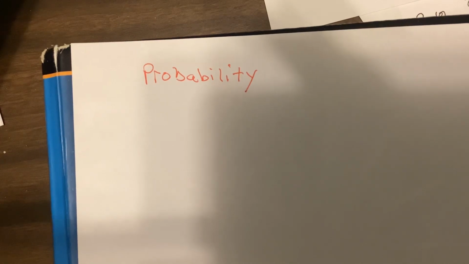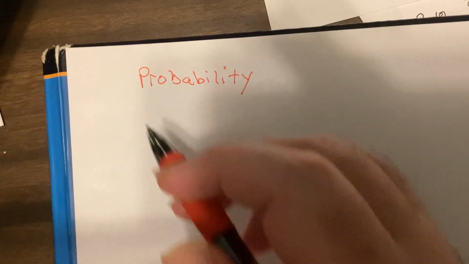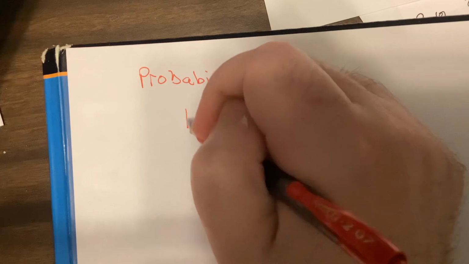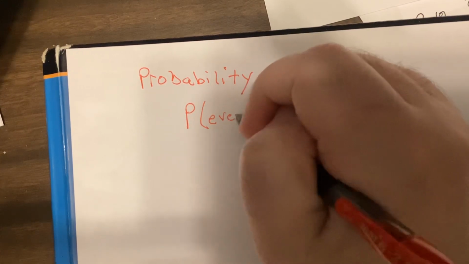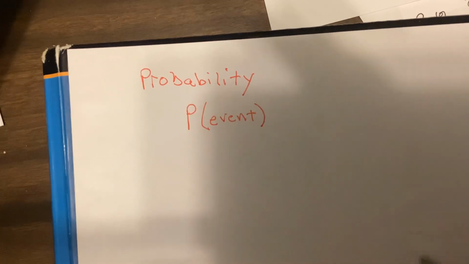So, probability we started yesterday. When we want probability, use a big P, and inside parentheses, you put what you want.